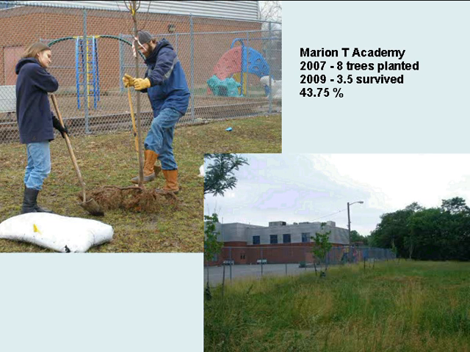We planted 8 trees at a school, Marion T. Academy. As you can see, we had pretty poor survival rate there. Only 3.5 survived. I still have hope for that half. And part of the reason for this is because they actually closed down the school.